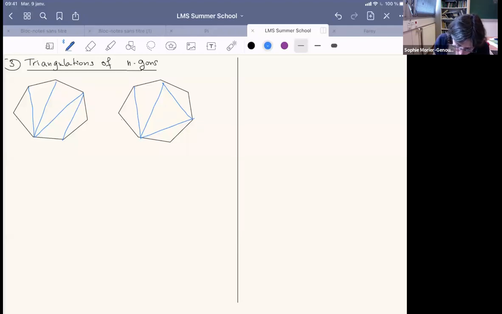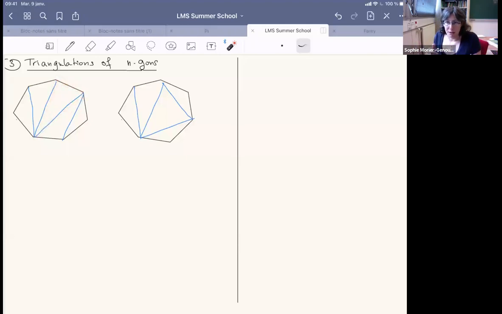What happens when you have a triangulation is that you will always have what I want to call an ear, meaning that there are triangles that are kind of exterior. If I remove this triangle, I still have a triangulation of some smaller polygon. It's not the case if I remove this one, it disconnects the picture.